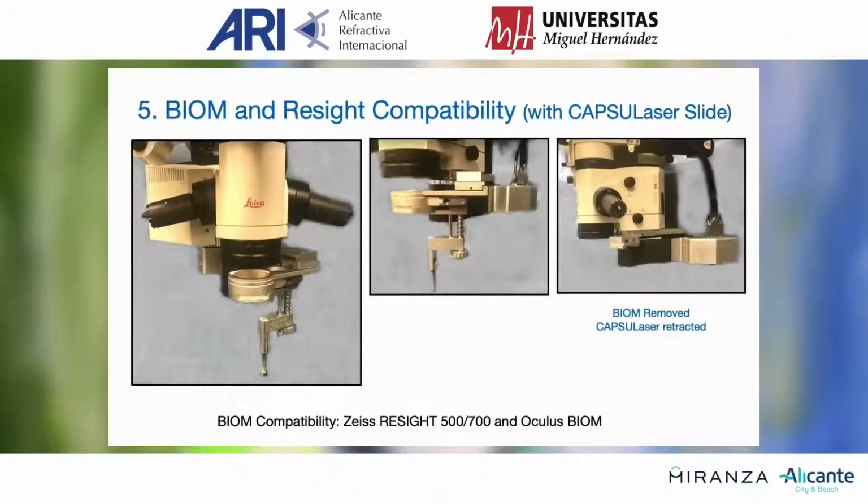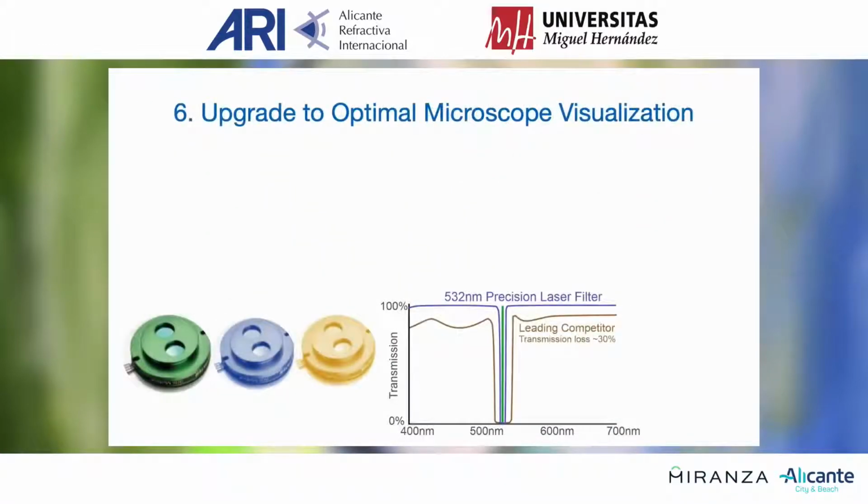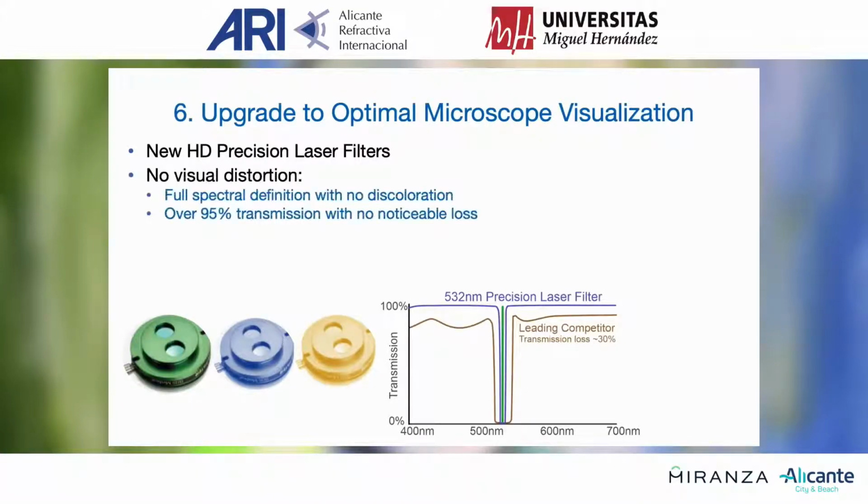And there is Biom and Resight compatibility with the Capsulaser slide attached to the microscope, as you can see here. This works with the Zeiss Resight 500 and 700 and also with the Oculus Biom. The upgrade to optimal microscope visualization is achieved with new HD precision laser filters, and this leads to no visual distortion.